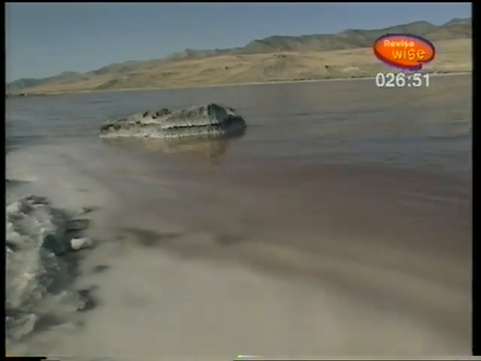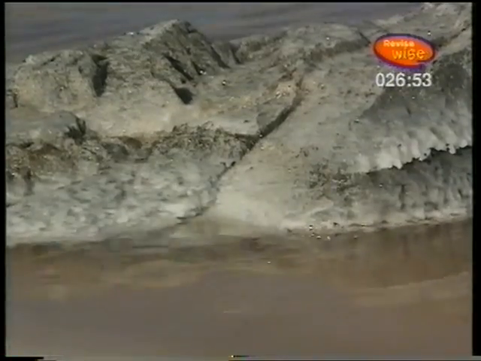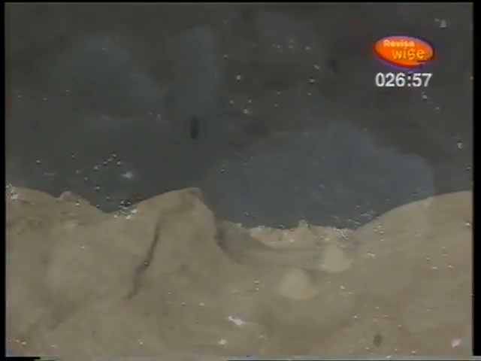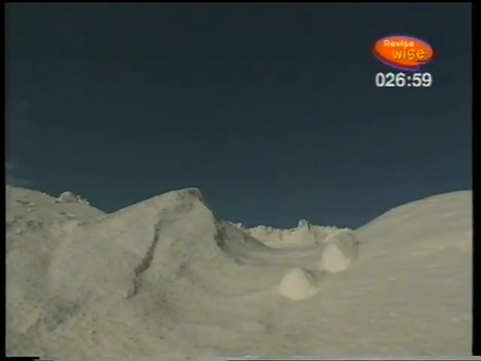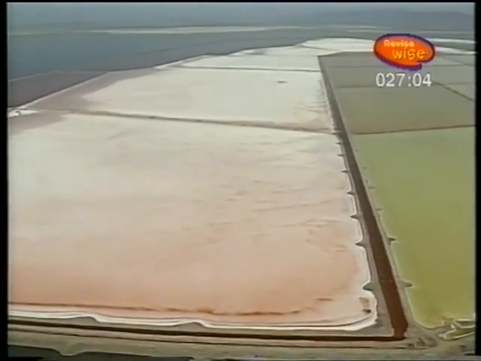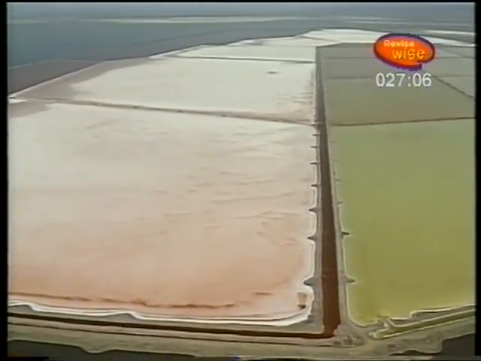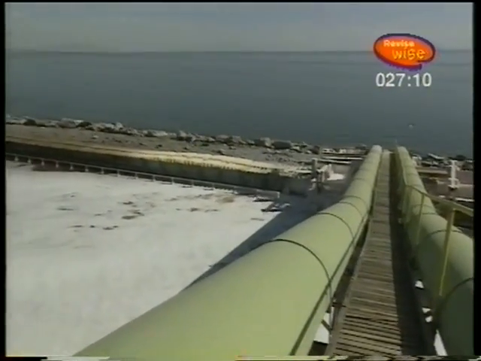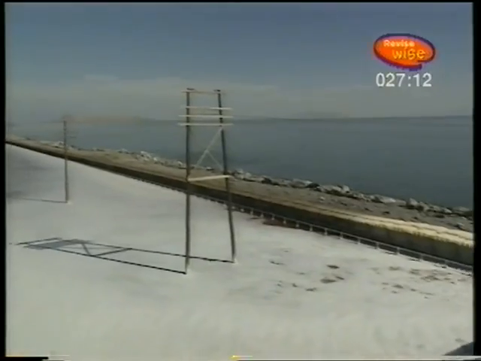This is the Great Salt Lake in Utah. And surprise, surprise, it contains lots of salt. Local industry takes full advantage. A section of the lake has been divided into a huge patchwork of ponds, all very shallow. Salt water from the lake is pumped into the ponds down a canal.